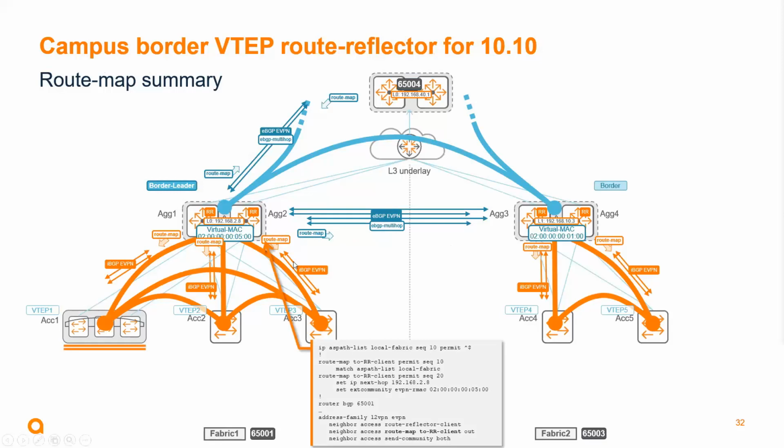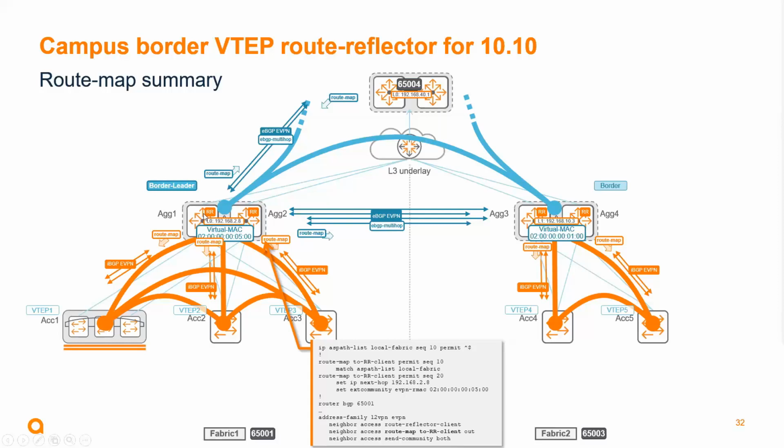So first of all, the route map from the RouteReflector to the client in the fabric. I explained this already multiple times, so you have it now here. So here, typically, the set IP Next-Hop is the IP address of the border VTEP, which is the loopback that is shared for that. Actually, it's loopback 1 instead of loopback 0 here.